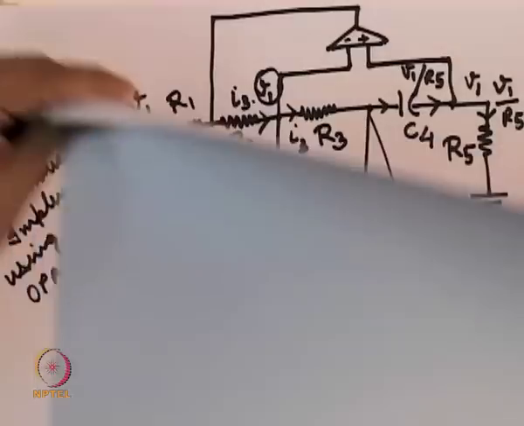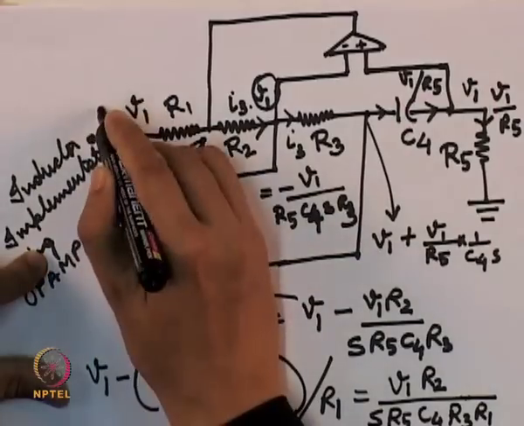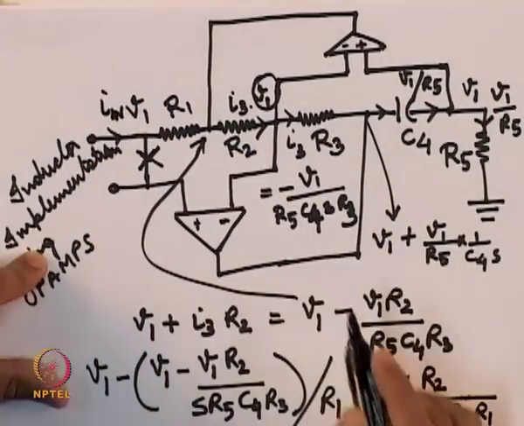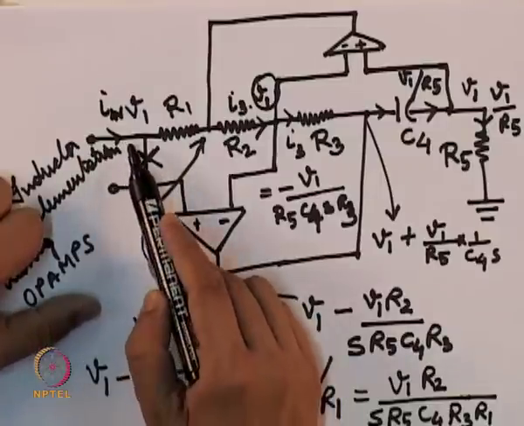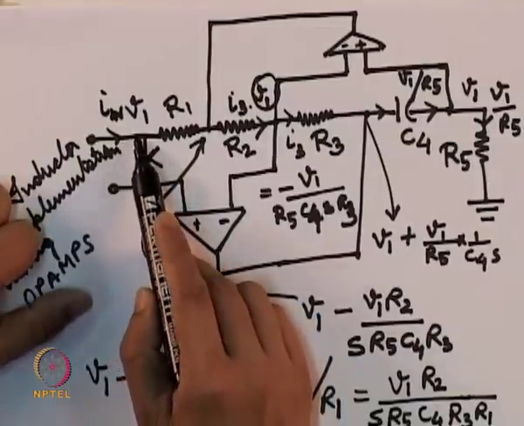Now, what do we see here? The current, that is the current I in. Note that V1 is the voltage at this point. Okay.